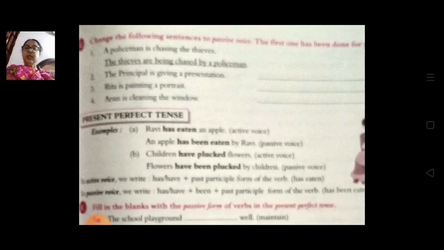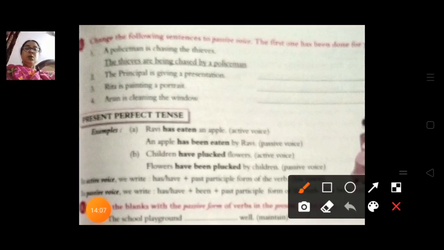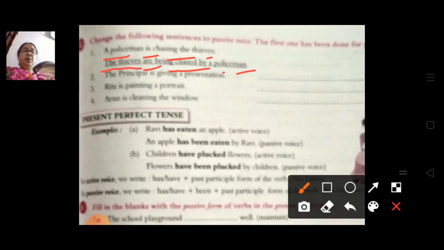Now here you can see these active voice sentences are written in present continuous tense. So a policeman is chasing the thieves. The thieves are being chased by a policeman. Now next is, the principal is giving a presentation. Now we are going to write.